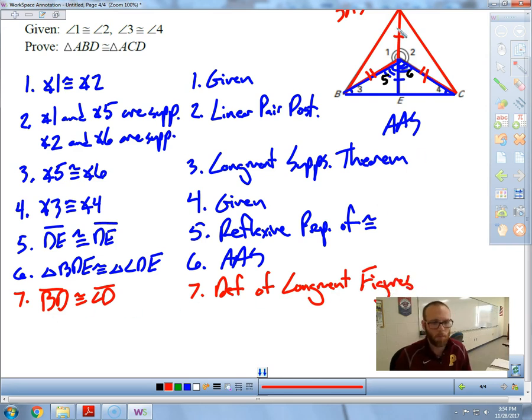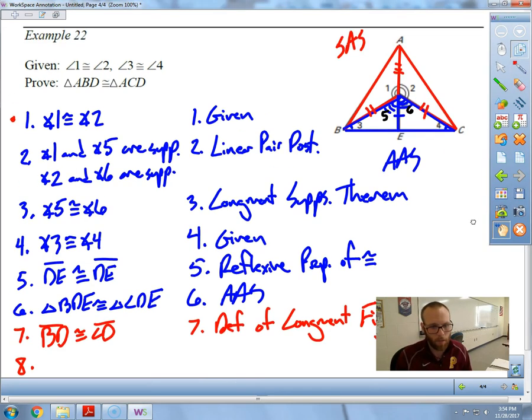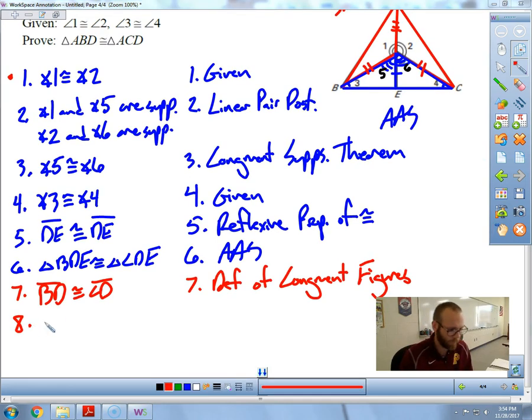So I switched to red because now I'm working on the red triangles. What else do I have there? 1 is congruent to 2. We already said that, so I'm just going to put a mark up there reminding myself. We have BD congruent to CD. What else do we need? Oh yeah, we had the reflexive property right here, didn't we? And that is AD is congruent to AD.